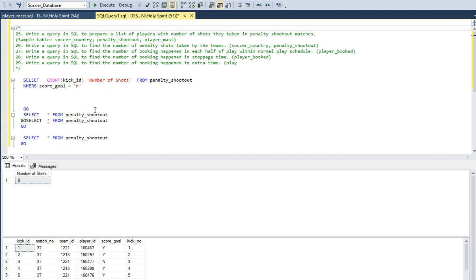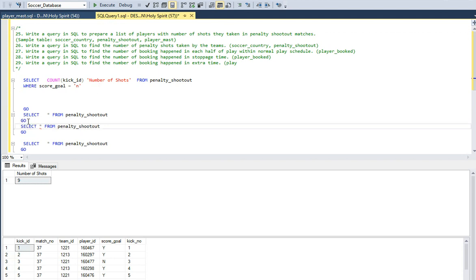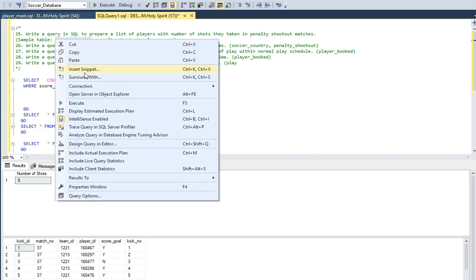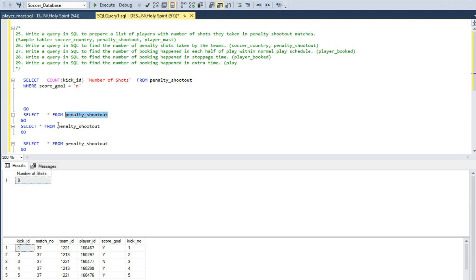I'm just trying to save space so that you can see it clearly. Copy, paste, copy, paste. Okay, now execute.